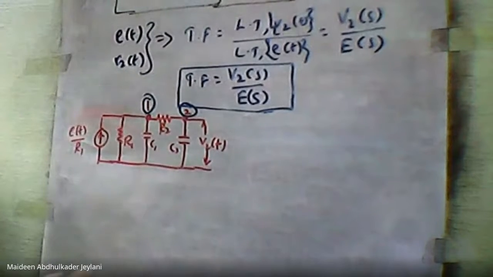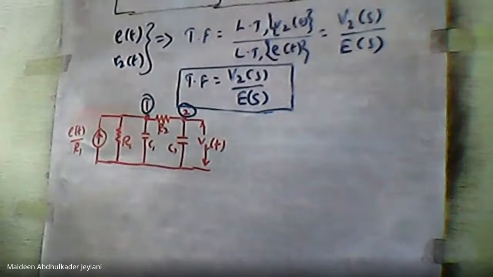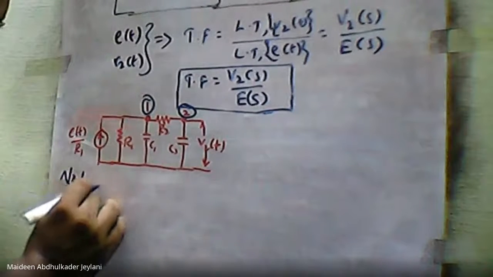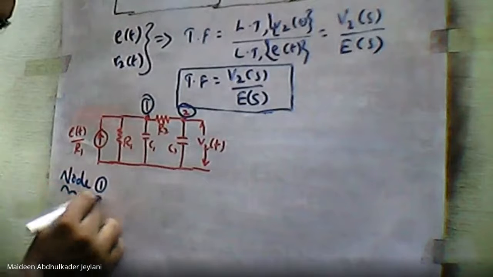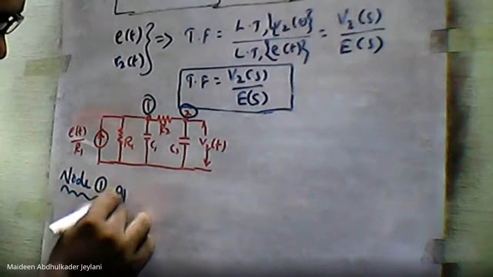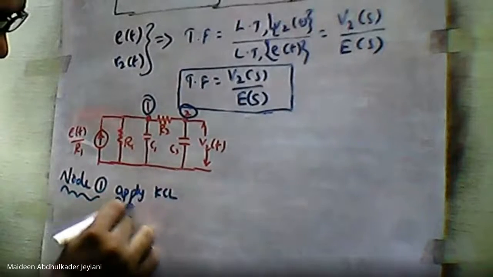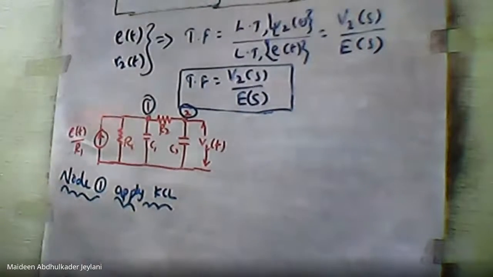First we will consider node 1 alone, and apply a KCL at node 1. What are the elements connected with node 1? I'll just redraw the node 1 circuit alone.